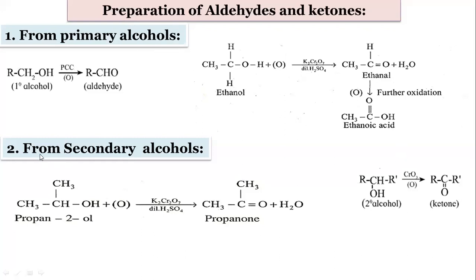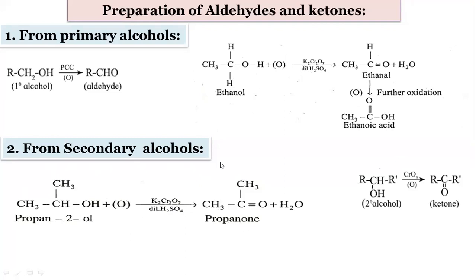Then, from secondary alcohols, we get ketones. This is a good example: propan-2-ol. This is a secondary alcohol. Oxidation with an oxidizing agent K2Cr2O7, or you can use KMnO4, or HNO3, any oxidizing agent. We get propanone.